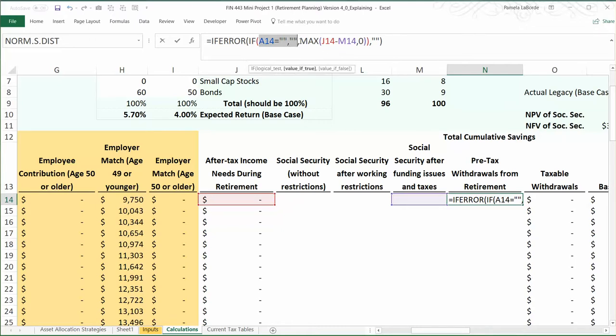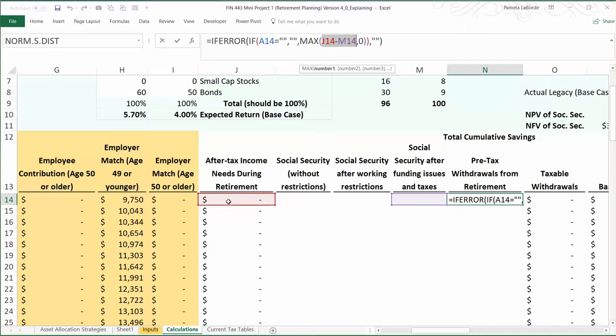Otherwise, take the maximum of the difference between column J, my after tax income needs, and column M, my Social Security expected entitlement that I'll actually get after all the things that we consider with Social Security. So take what I need minus what I think I'll get from Social Security, subtract those, and take the max of that result or zero.